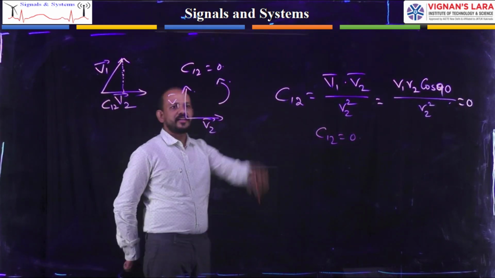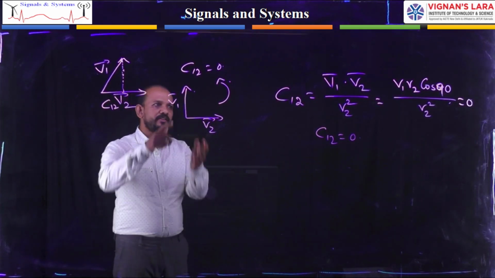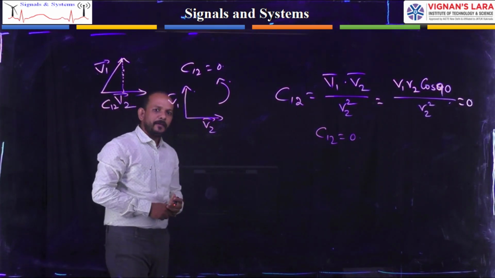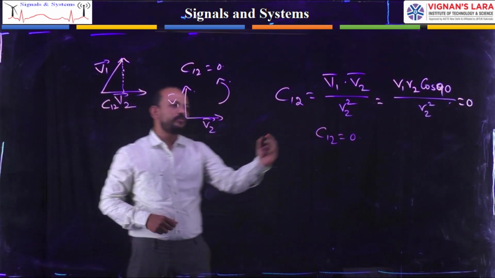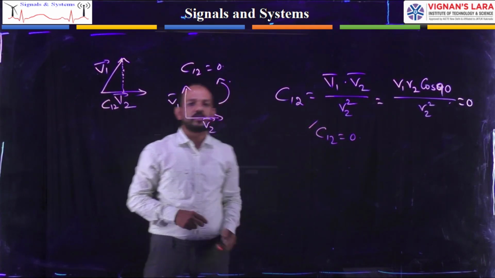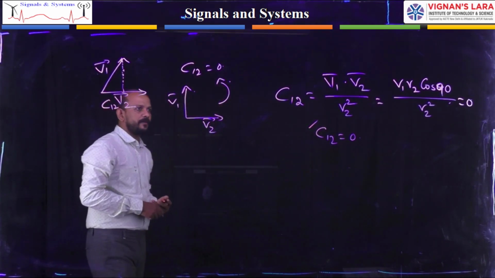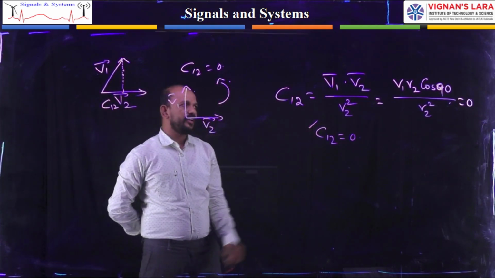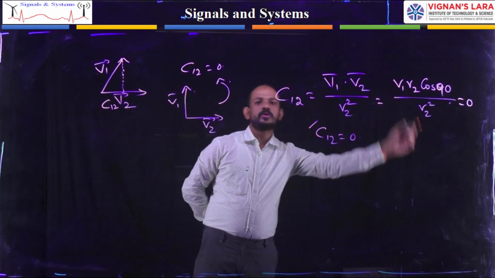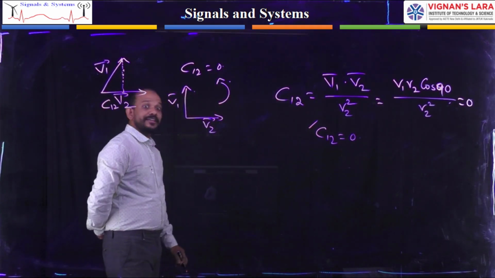So this is how we mathematically prove that if two vectors are mutually perpendicular, that is, if the two vectors are orthogonal, then the value of c12 will be equal to 0. Simply, we know the c12 value as v1 bar dot v2 bar by v2 square, which is equal to v1 v2 cos 90, because here the angle between the two vectors is 90.